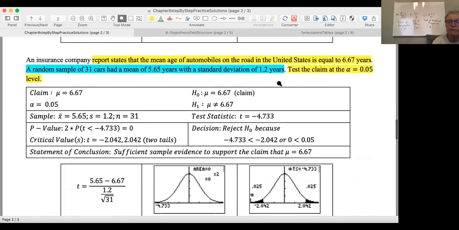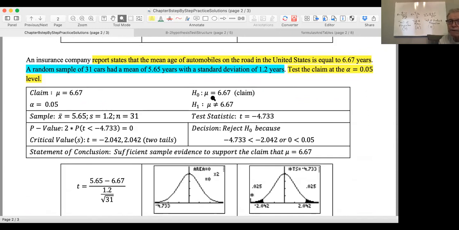If we look at H0, this is a test of the mean. Mu equals 6.67. So the assumed value for mu is 6.67. And since we know we're testing mu, we need to use the T test statistic, okay? The T test statistic.